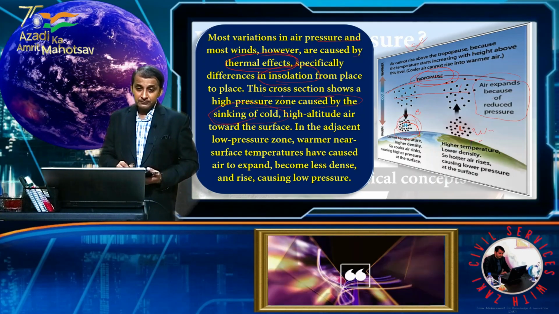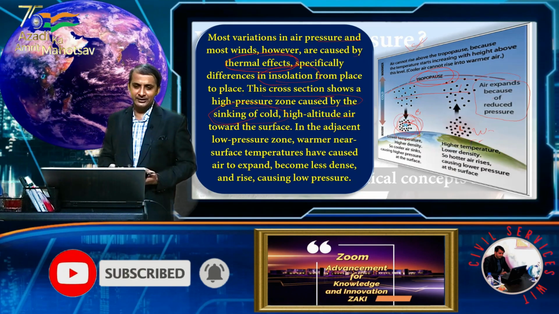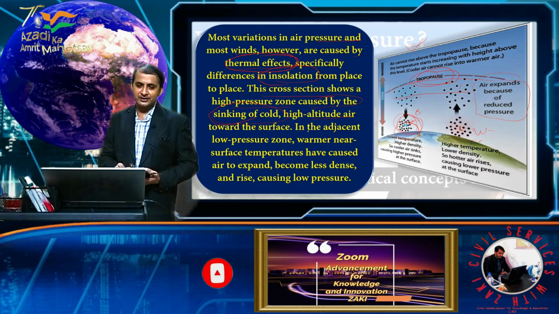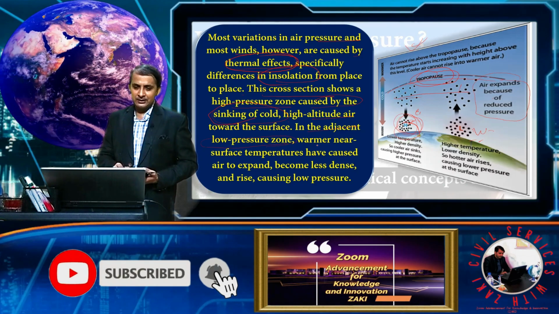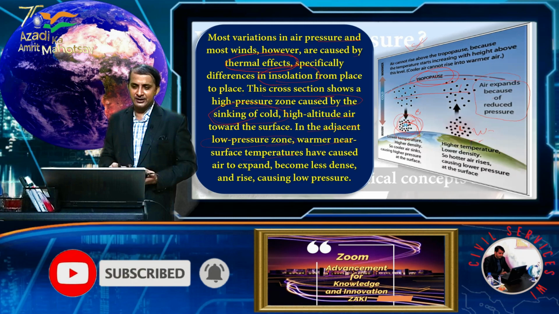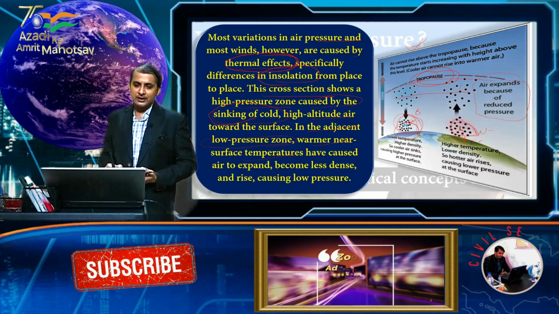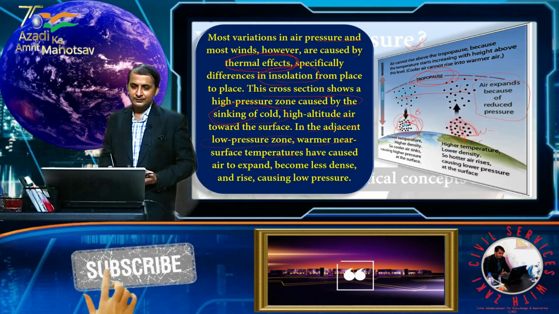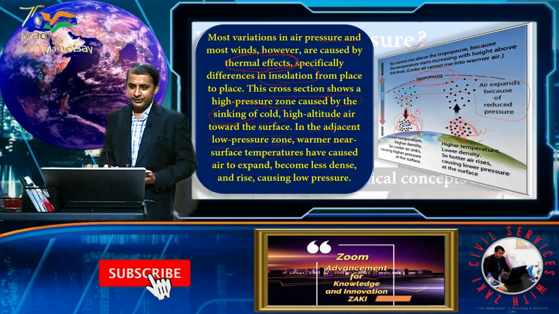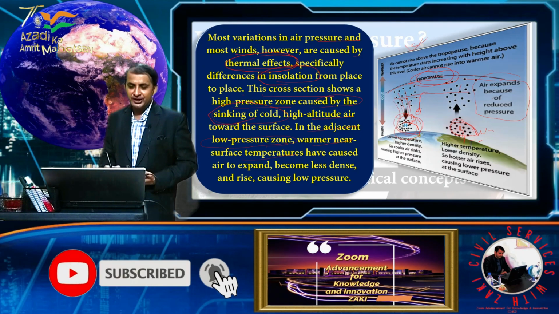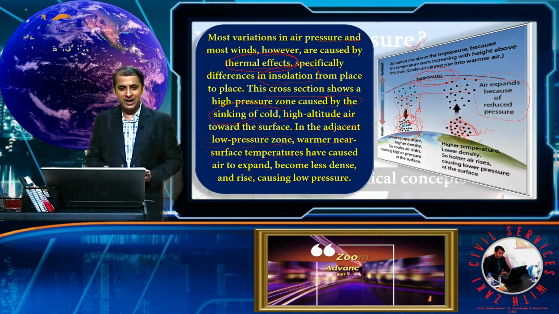The section shows cold high altitude air sinking towards the surface, toward the adjacent low pressure zone. Near the surface it is warmer, as you see here. So the cooler place converges the air, and air sinks down toward these cooler areas and creates a high pressure zone.